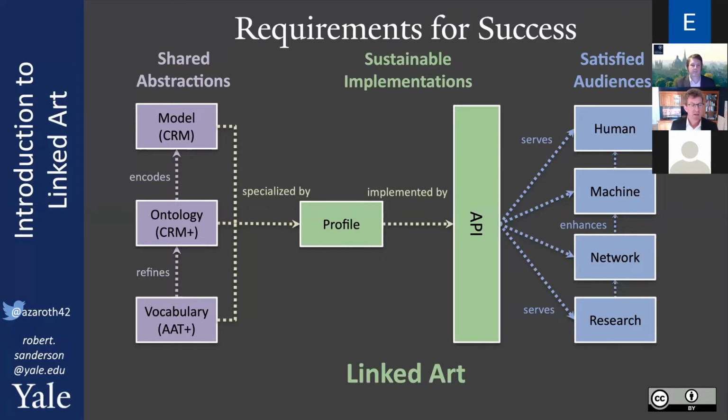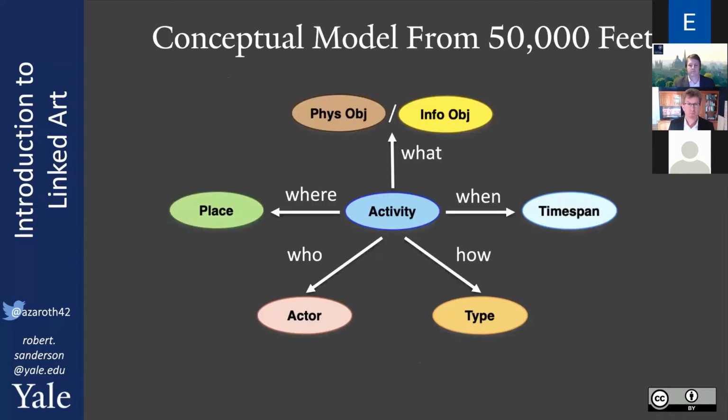We use AAT primarily for vocabulary. The linked art is the green part in the middle. So we try to then specialize. We select parts of those models, ontologies, and vocabularies for use, implement them in an API to then serve various audiences, from humans to machines to the network to research audiences. We'll talk about those in turn.